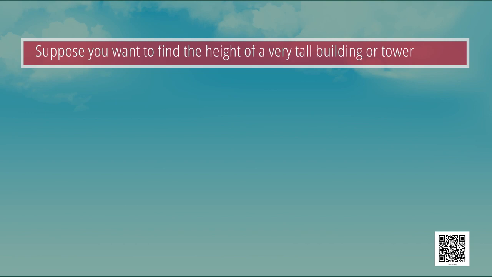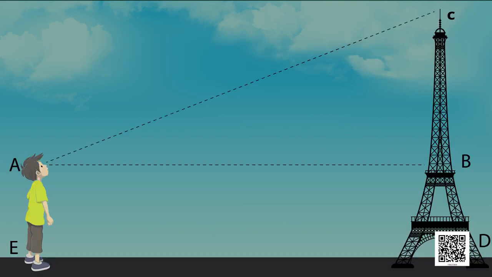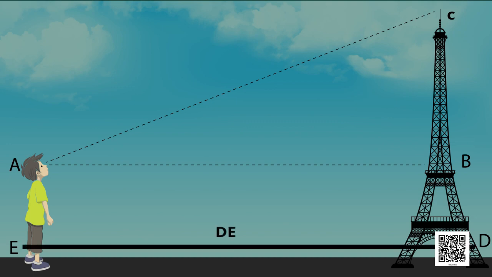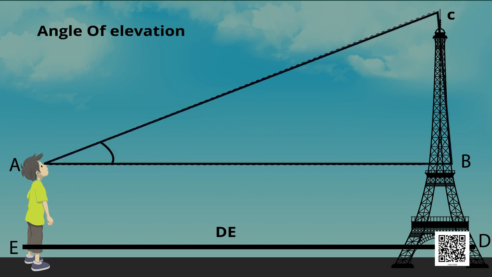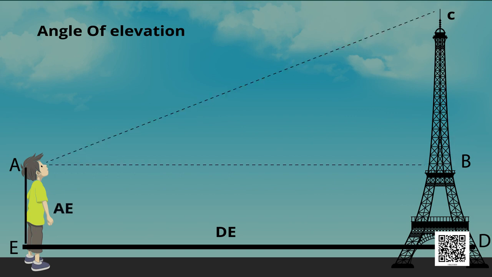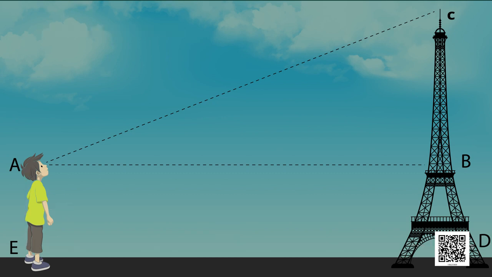So if you observe it at a distance from the ground, like here, to find the height of this tower, you need to know three things only: distance DE, angle of elevation BAC of the top of the tower, height AE of the observer, and of course the knowledge of trigonometry. So let us do such questions which demonstrate how we can use trigonometry in real life situations.